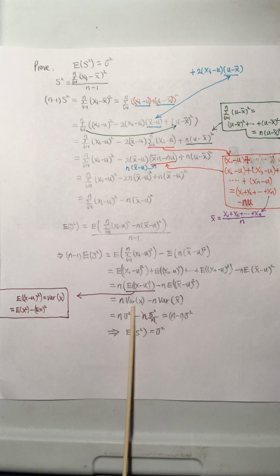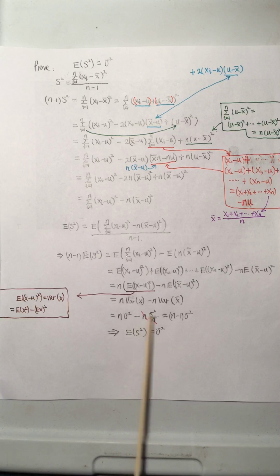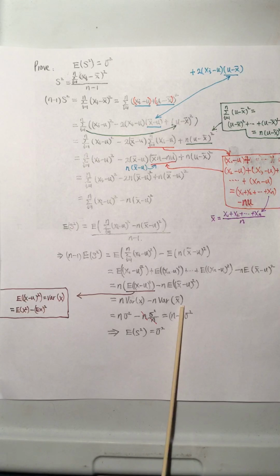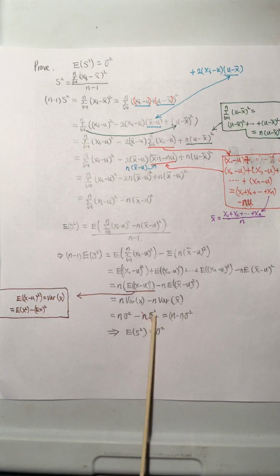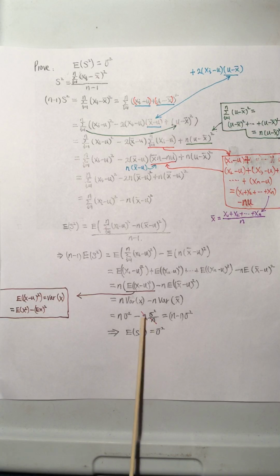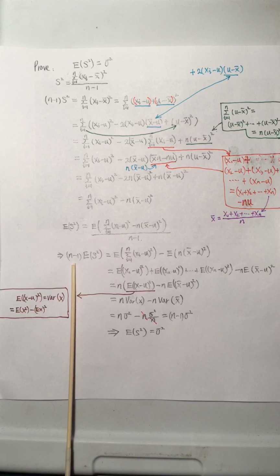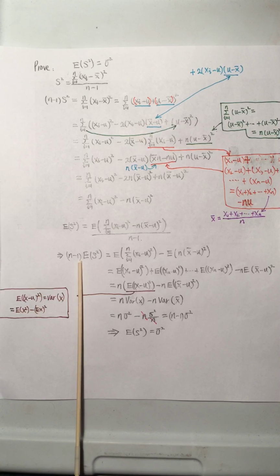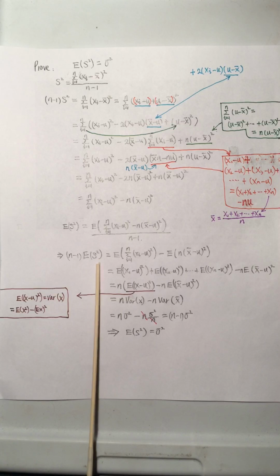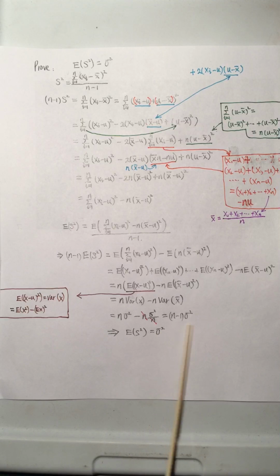Now, since the variance of x is defined to be sigma squared, we can substitute that, and the variance of x bar is sigma squared divided by n. Now, n cancels with n, which gives you n minus 1 times sigma squared. And this n minus 1 cancels with the n minus 1 over here. Eventually this gives the expectation of s squared equals sigma squared.